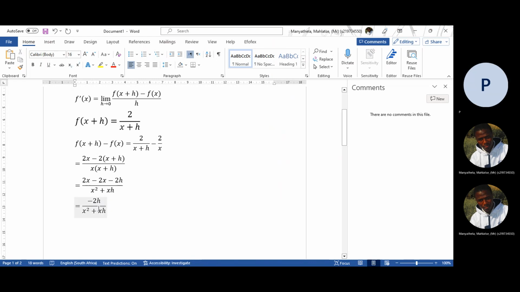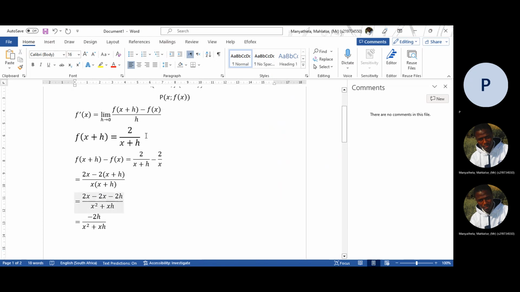So, okay, fine. Now that it's simplified, we are ready to derive. We can now use this formula.